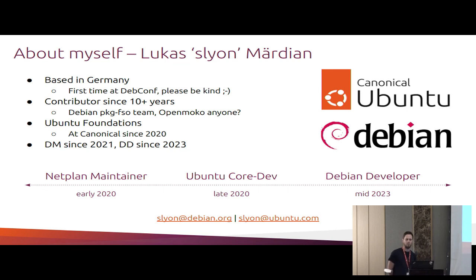And I quickly became the upstream maintainer for Netplan in early 2020. Later that year, I became an uploader in Ubuntu. And the year after, I became the Debian maintainer for the Netplan package in Debian as well. And I'm now happy that 3 months ago, I became a full Debian developer as well. And I mostly took over maintenance of the Netplan.io package in Debian.